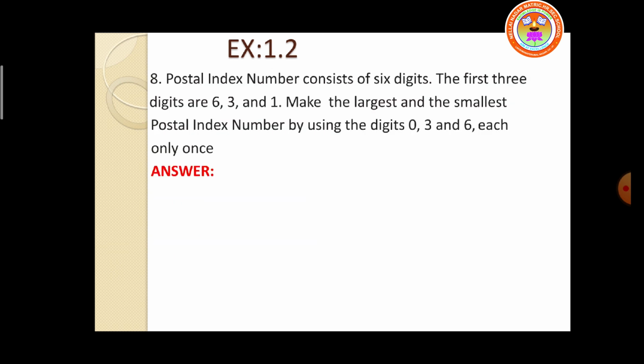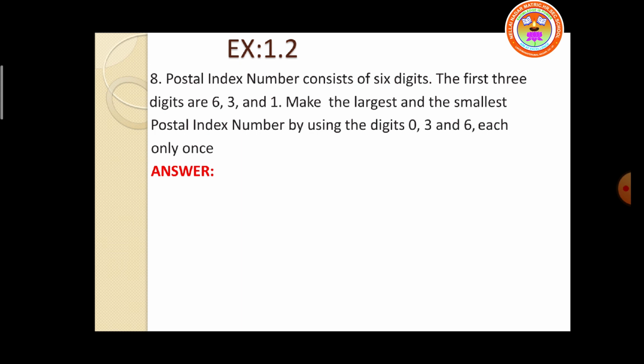Yes. Now, postal index number consists of 6 digits. The first 3 digits are 6, 3, and 1. Make the largest and the smallest by using the digits 0, 3 and 6. You have to use the digits only once. What is the meaning of it?